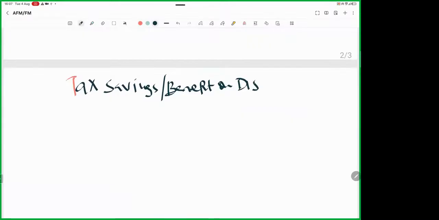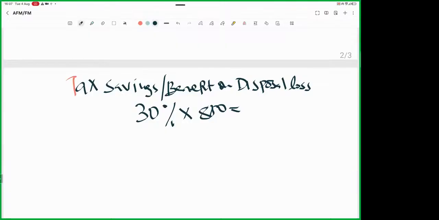On disposal loss, 30% of 800. Do you know why it is a tax saving? Because you'll be able to use this loss as an allowance in your P&L. So when it is a loss, you get savings on disposal.